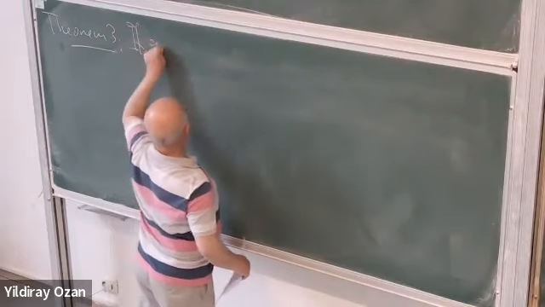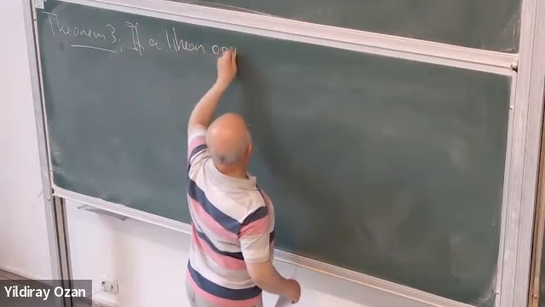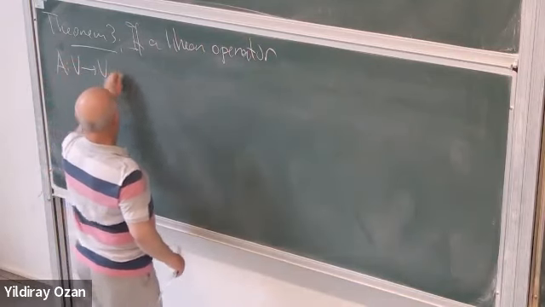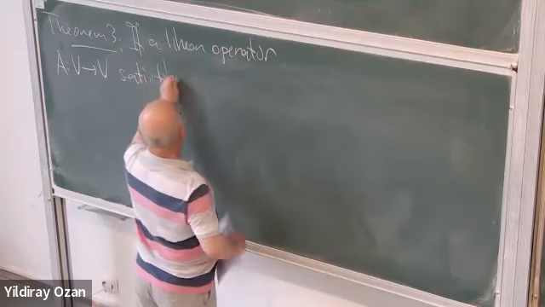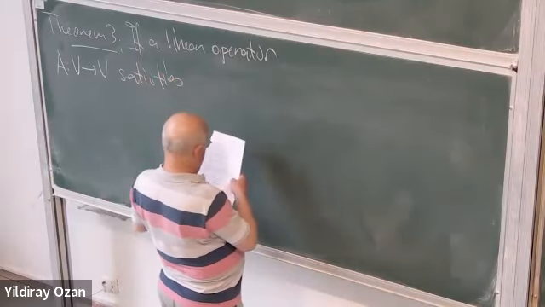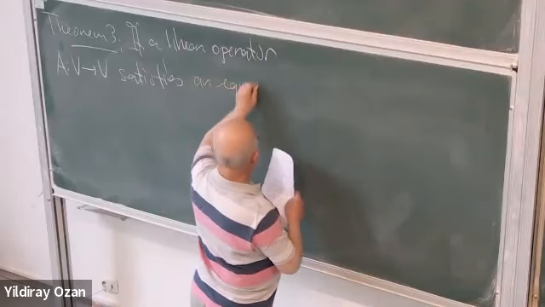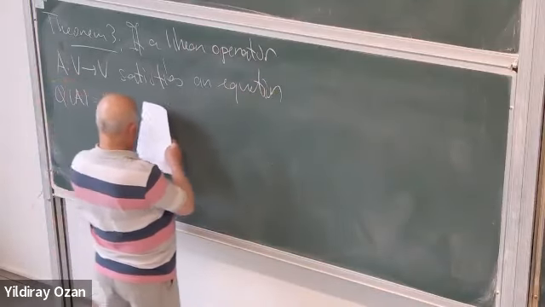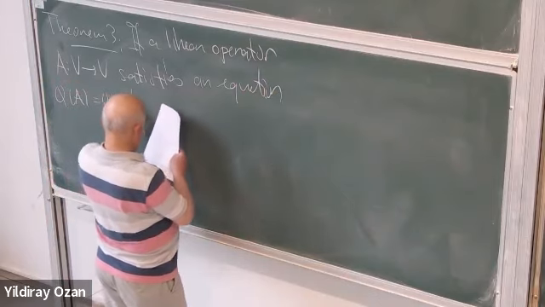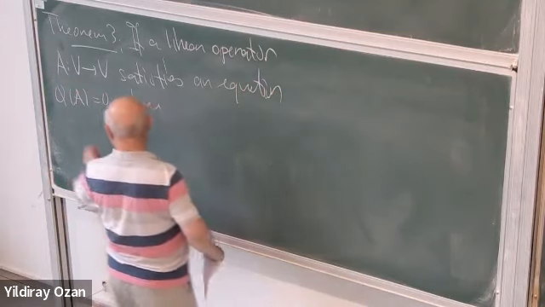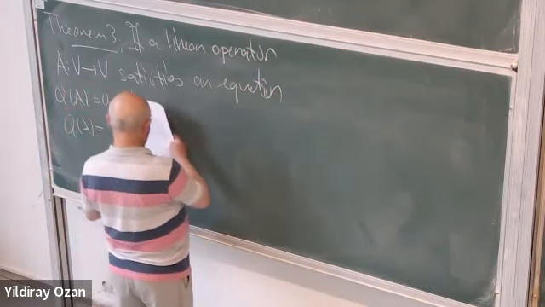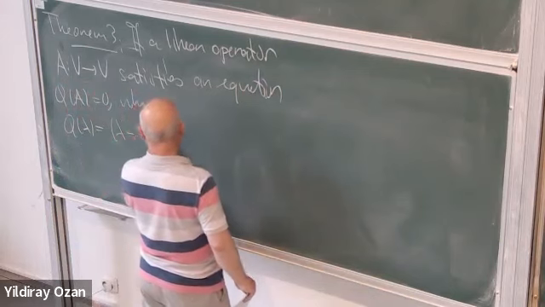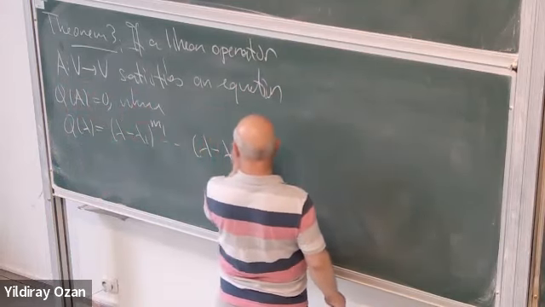If a linear operator A satisfies an equation Q of A equals 0, that Q of lambda equals (lambda minus lambda 1) to the power m1 up to (lambda minus lambda l) to the power ml.